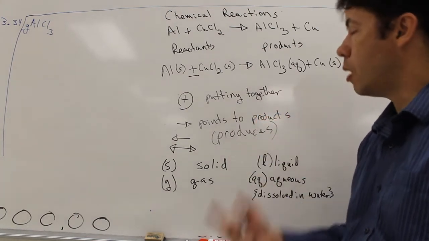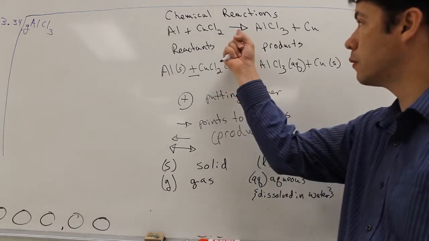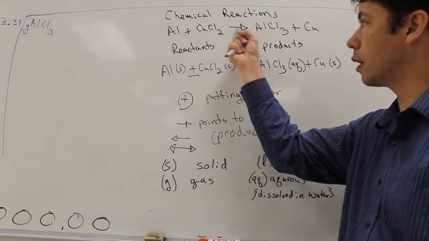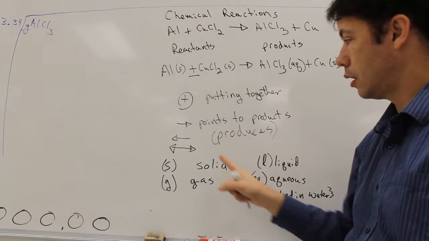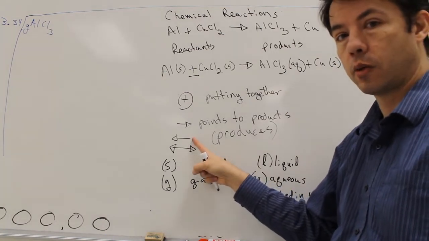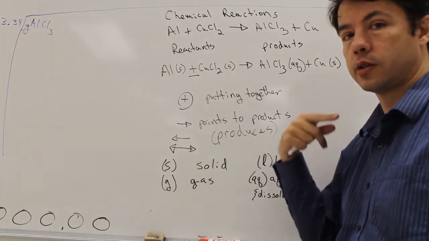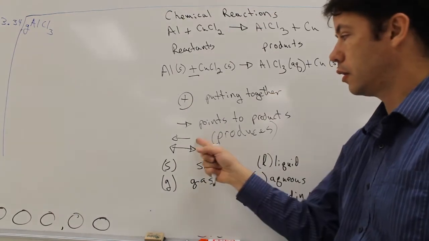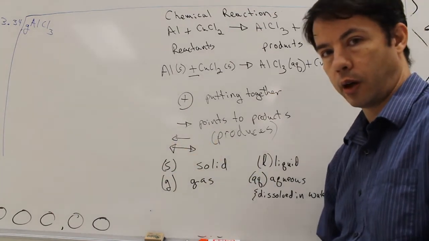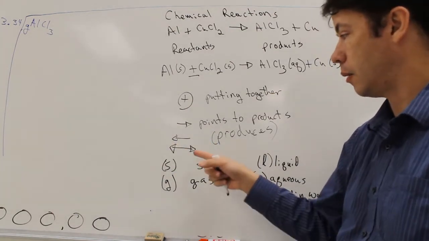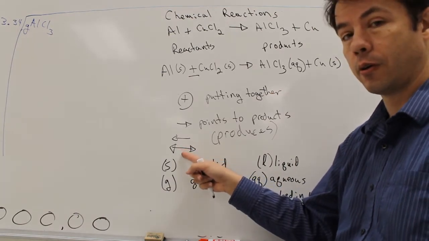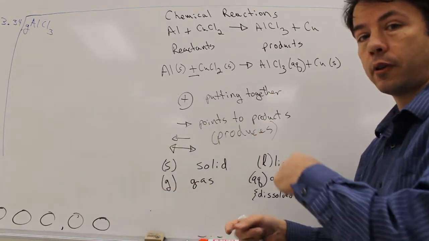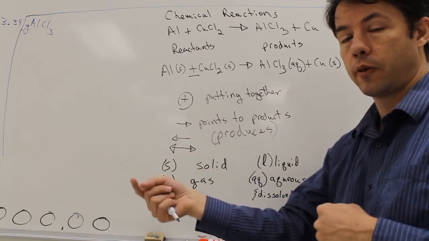Now, most of the time, up until now, most of you have seen the arrow always going that way. But we're going to do reactions where we can do the reverse reaction. We can cause the reaction to reverse itself, and the arrow might actually point the other way. Sometimes you will have a double arrow where the reaction goes one way for a little bit, and then it immediately turns around and reverses.